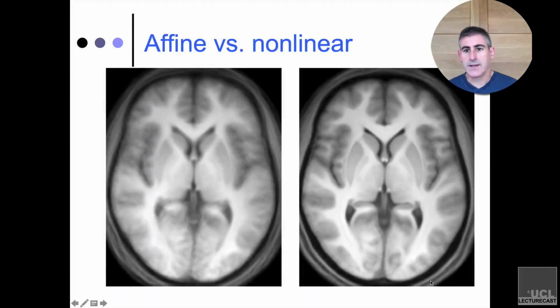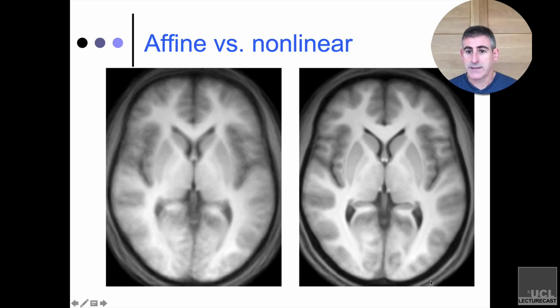In this particular example, I've taken 20 MRI scans from normal healthy people, so no patients, no holes in their brain, and I've registered them to a common template so that I could get rid of the big differences between them and put them into a common space. This is the kind of thing that you're going to do for any group study with fMRI, and we'll talk about it in much more detail in the next video.